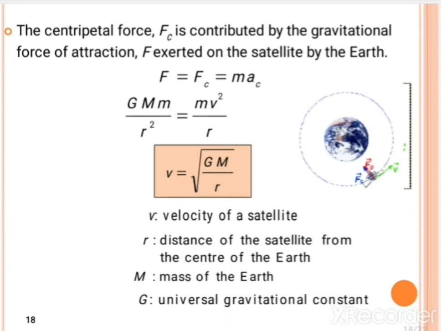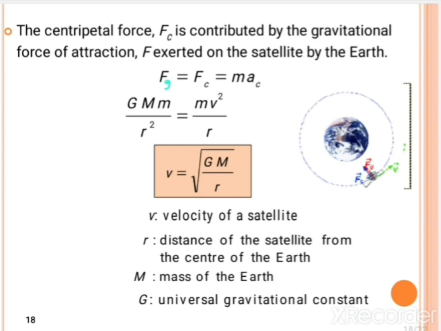When we substitute the formulas, Fg equals GMm over r squared, and Fc equals mv squared over r. Then we rearrange the equation: v equals square root of GM over r. Mass here is the mass of Earth, not the mass of the satellite.